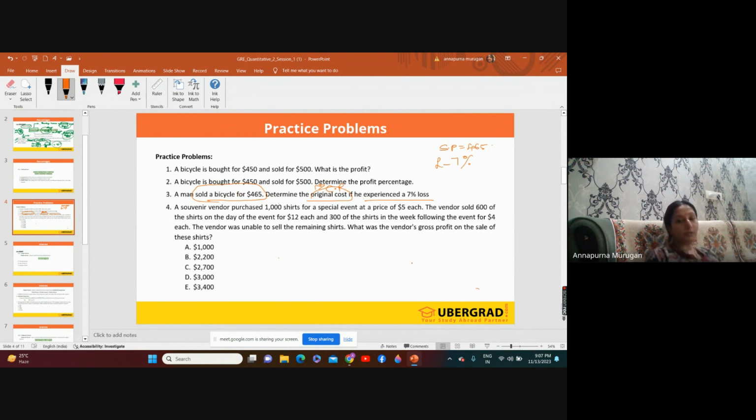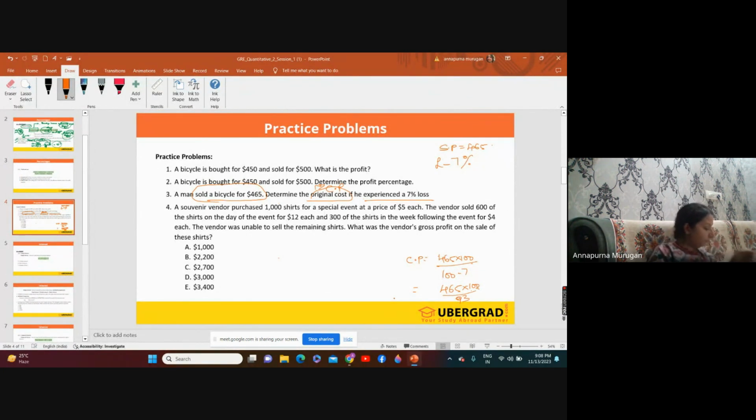They're asking you to find the cost price. Cost price is equals to selling price 465 into 100 divided by 100 minus 7, which is nothing but 465 into 100 divided by 93. You can calculate and you will get the answer very easily.